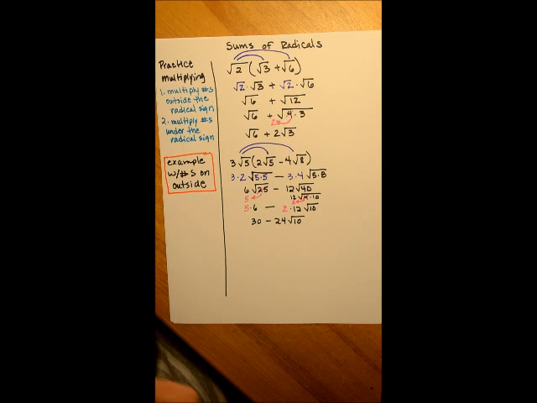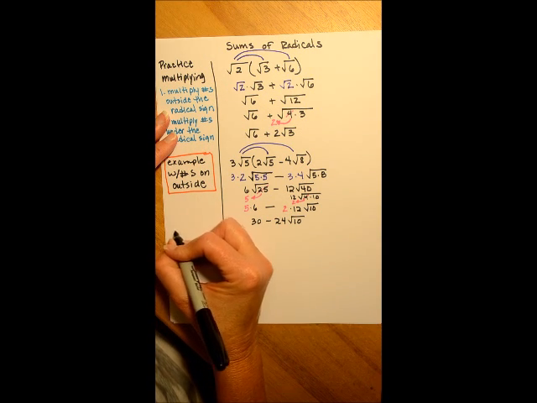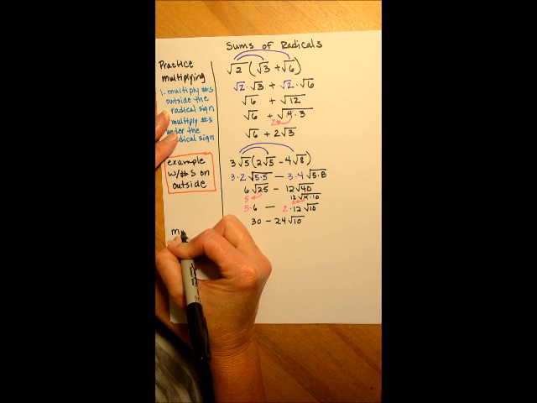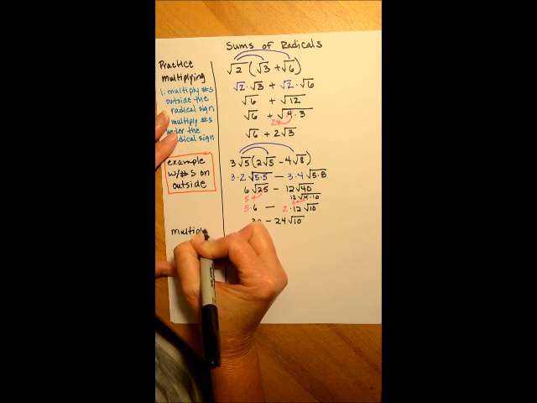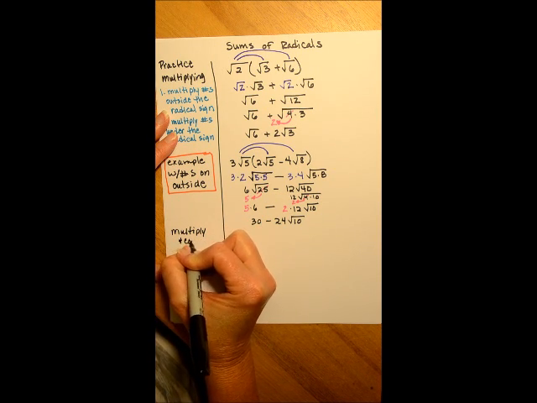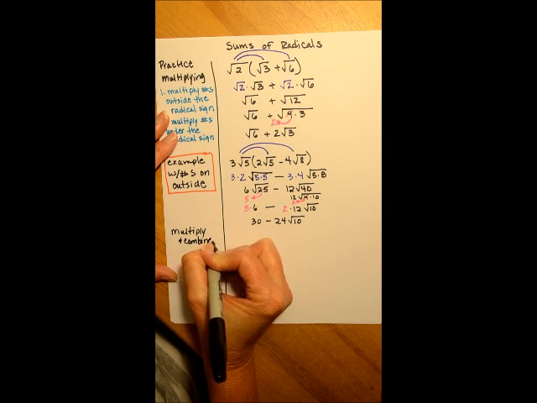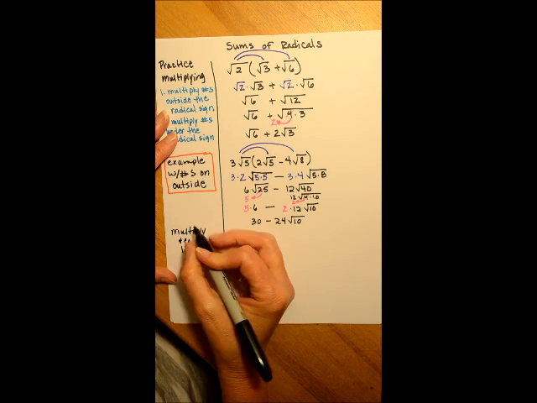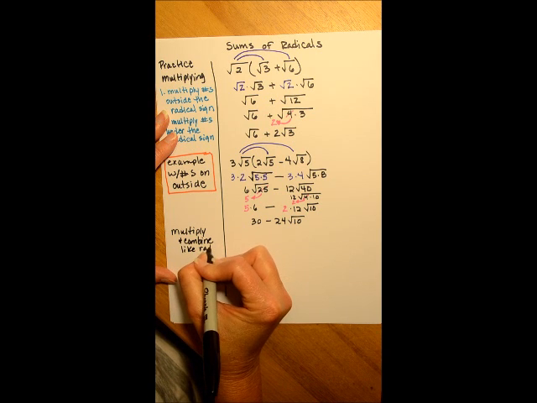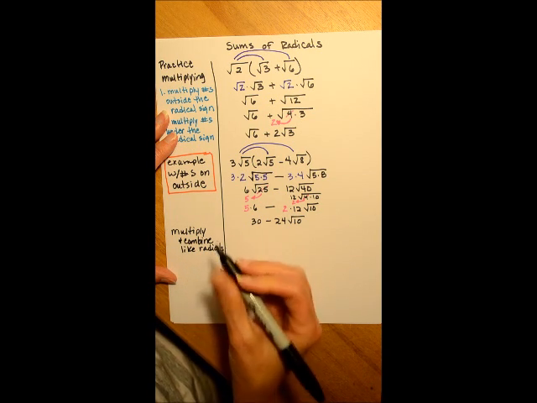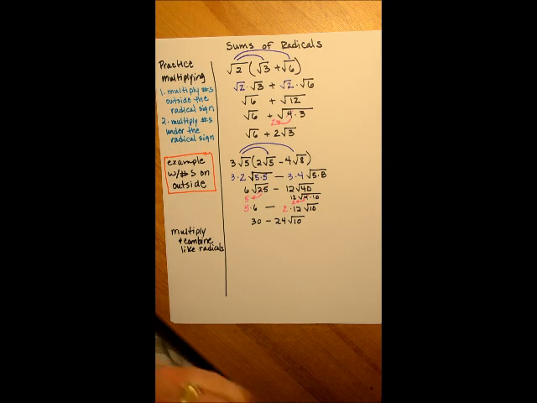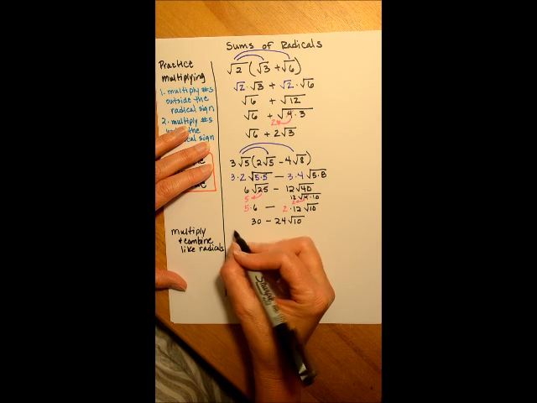All right. Now let's put it all together. We're going to multiply and combine like radicals. Okay, so the first thing we need is a problem. So here we go.